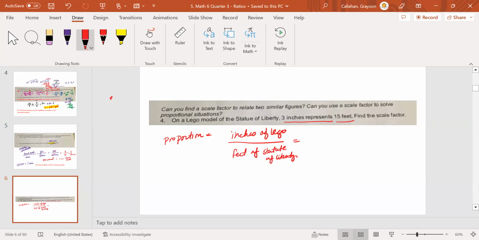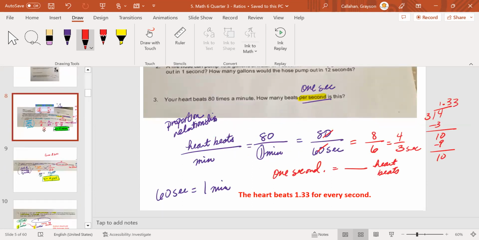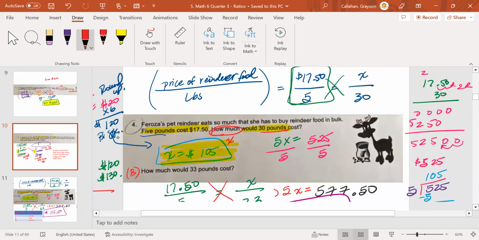Okay, so it says on a Lego model, 3 inches on the small little toy represents 15 feet on the actual statue, right? This is your, what did I call it before? Proportional relations? What was the term that your teacher used? I forgot the actual term. Hold on, I know I have it here somewhere.